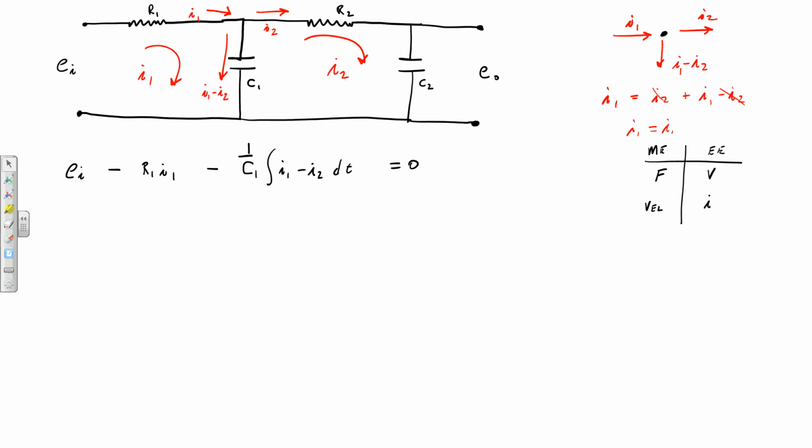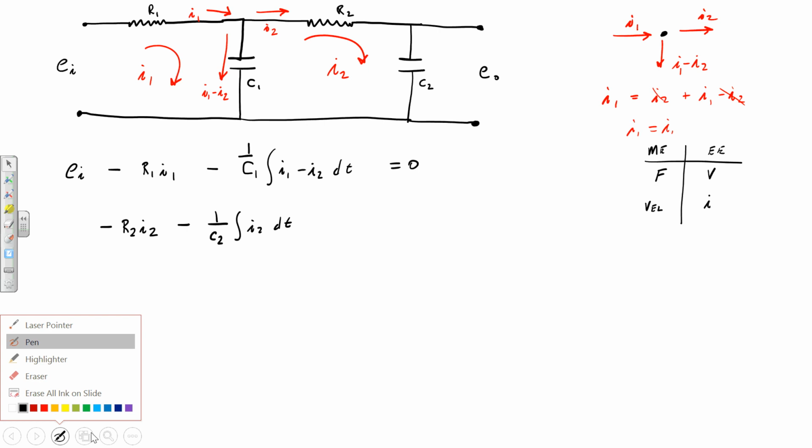Now when I go around the second loop, I'm going to write it like this. Minus R2 I2 minus 1 over C2 integral I2 dt. And then I come back to this same point here. Let me mark it in blue.